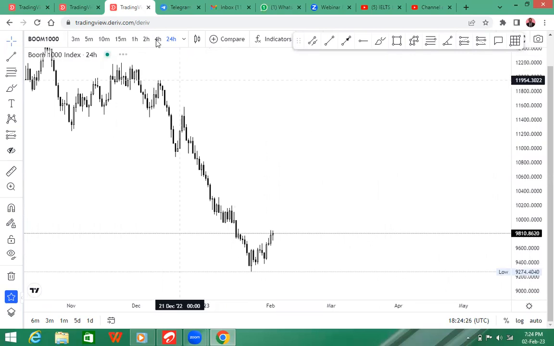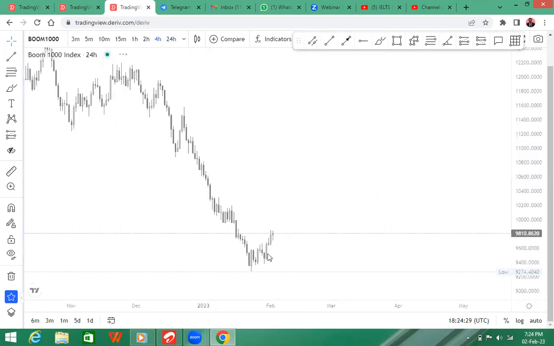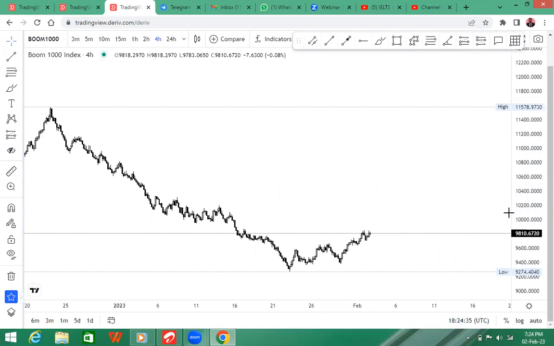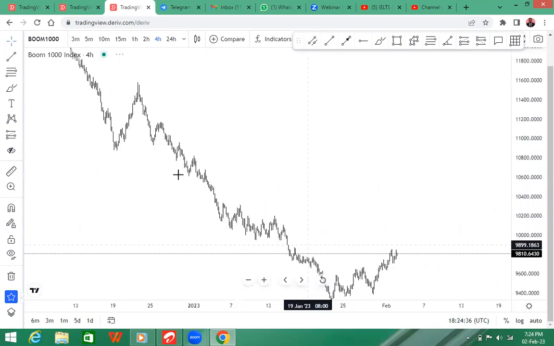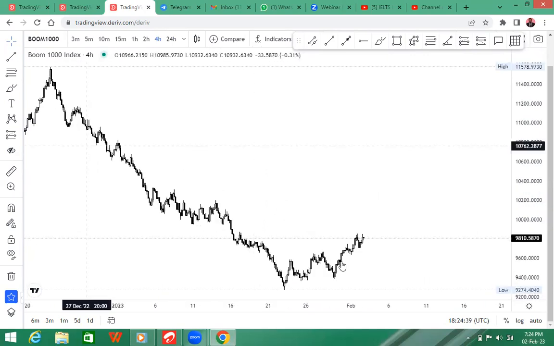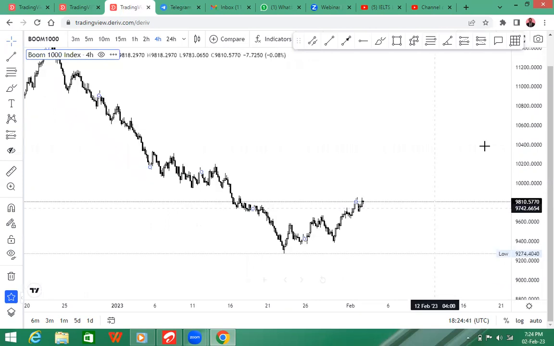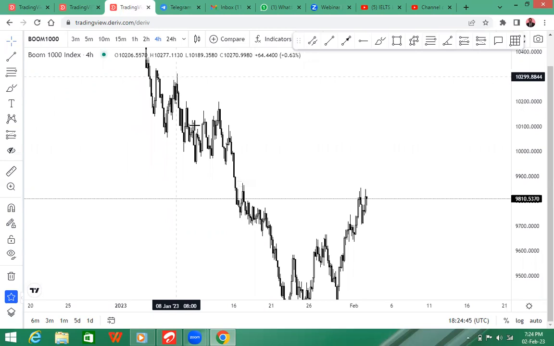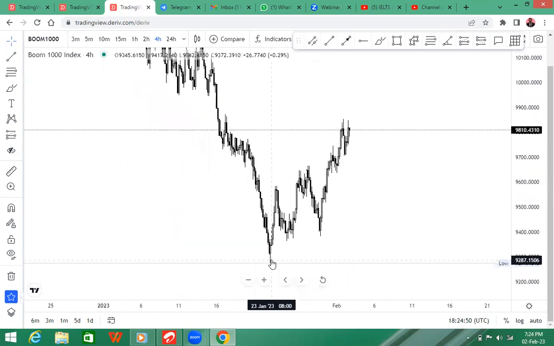So let's go to 4 hours. Let's see. On the 4 hours, you can see how price is coming into all of this. And price gave us this: low, high, lower low, lower high, lower low into all of this.